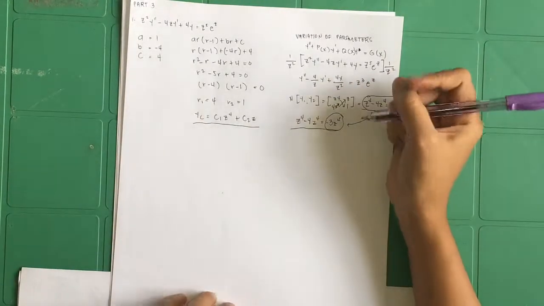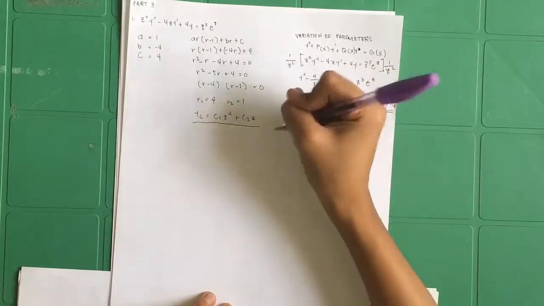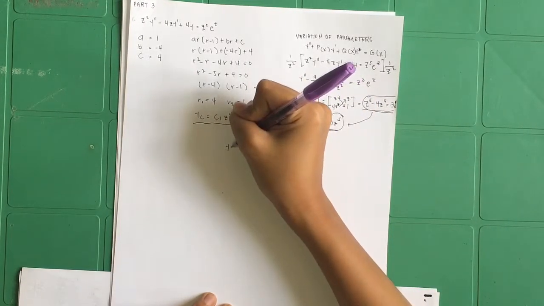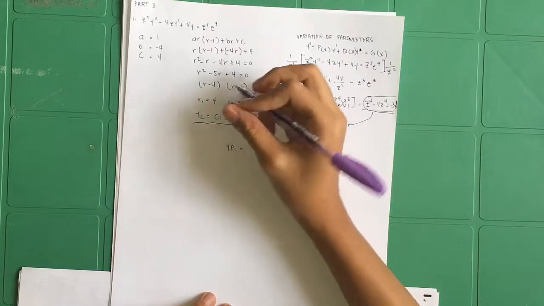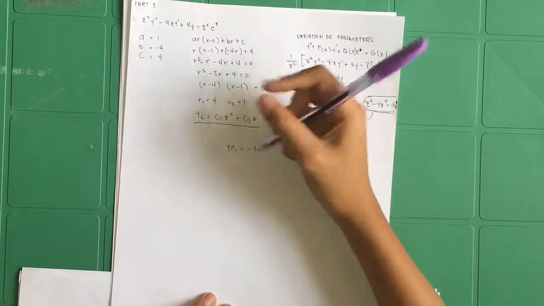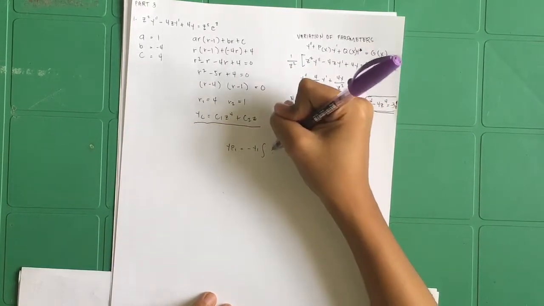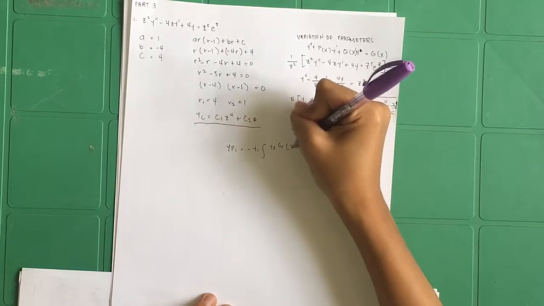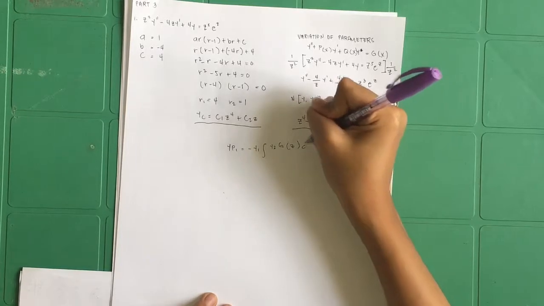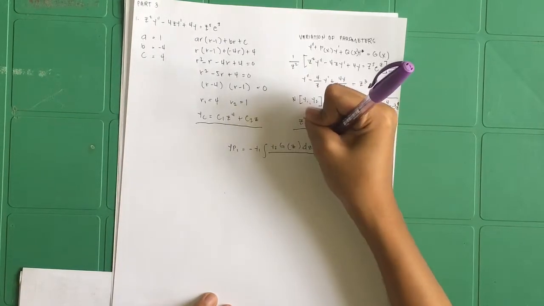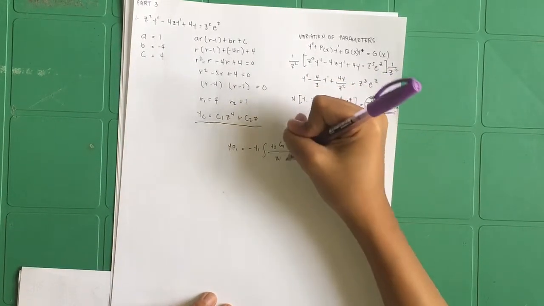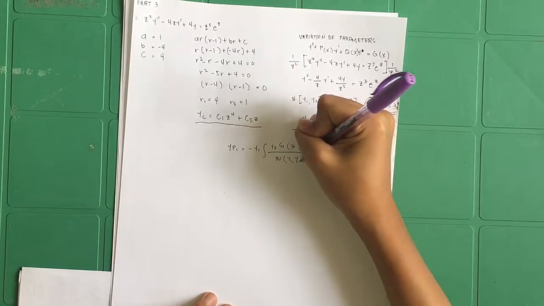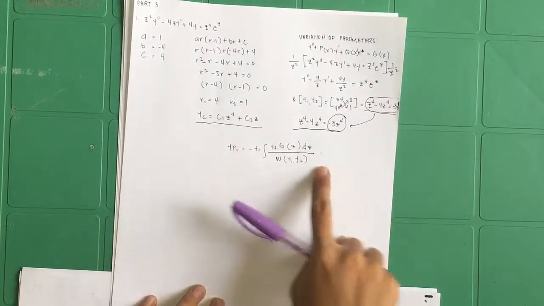Now we can get yp1 and yp2. But first, we get the yp1. And here's the formula for yp1. Then we need to substitute it again.